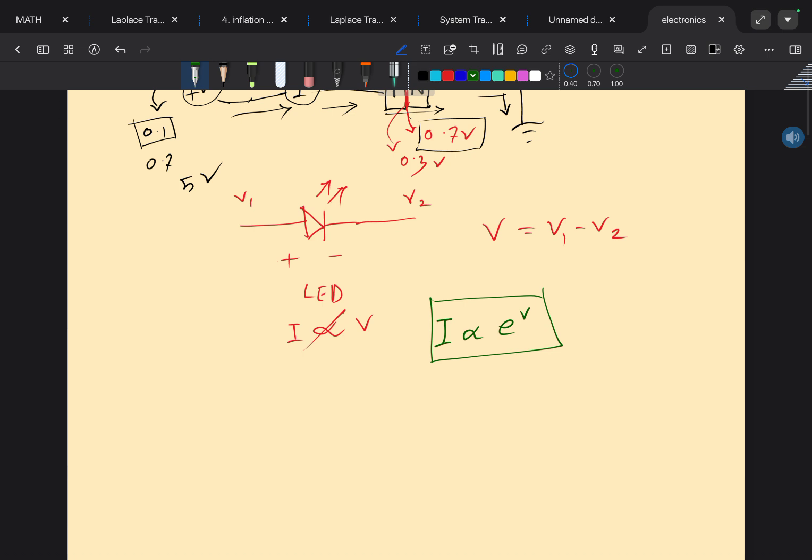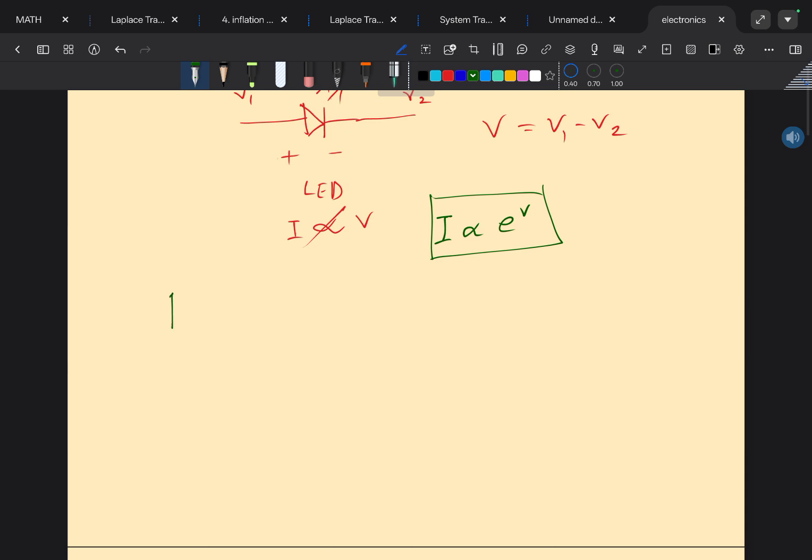Let's create a circuit, for example here. We have an LED connected directly to ground, and we're providing a positive 5 volt.